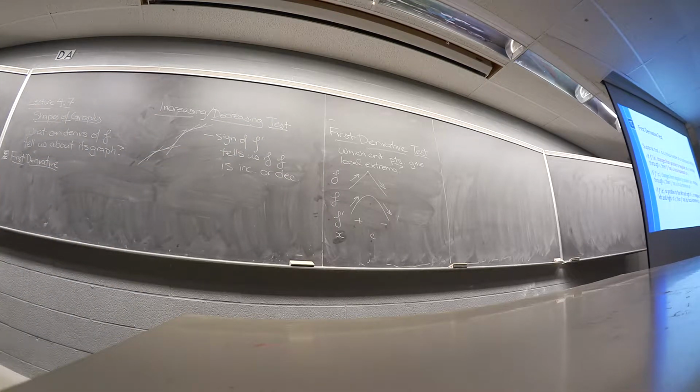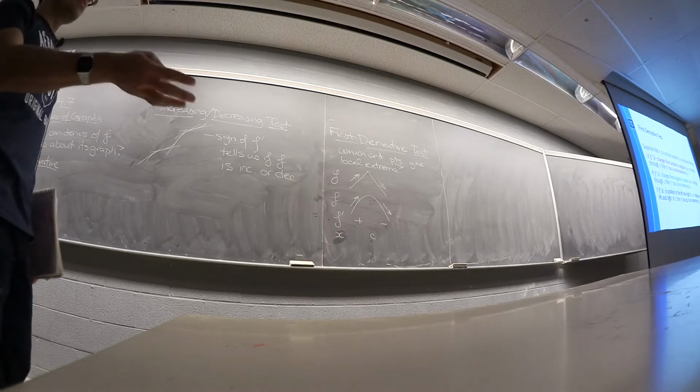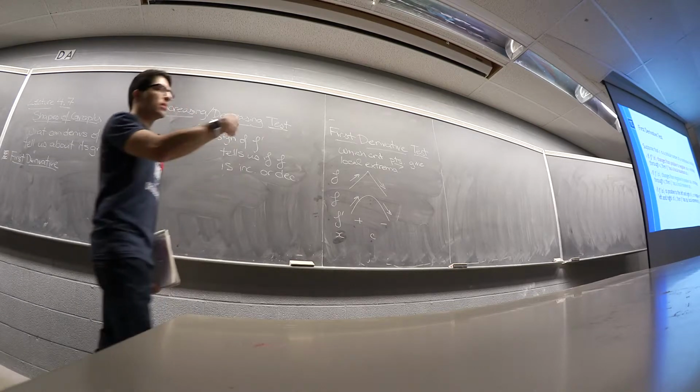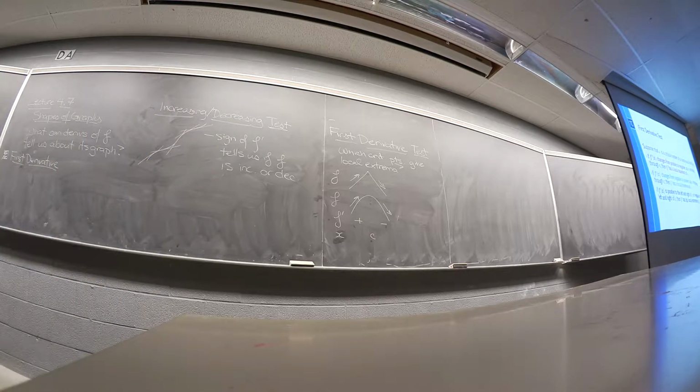Similarly for the minimum, just draw those things upside down: you go from negative to positive in the derivative, so the function goes from decreasing to increasing, and you wind up with a local minimum at c. If you go through c and you stay positive, or stay negative, so the function goes from increasing to increasing or decreasing to decreasing, then you have no local extrema at c.